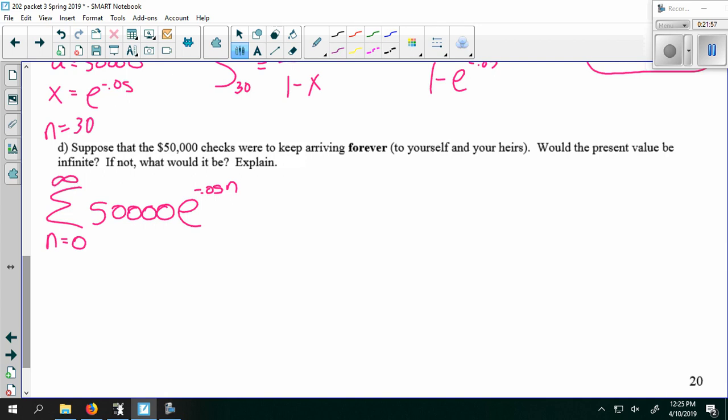So my sum is a over 1 minus x. My first term is 50,000 over 1 minus my multiplier, which is e to the negative 0.05.